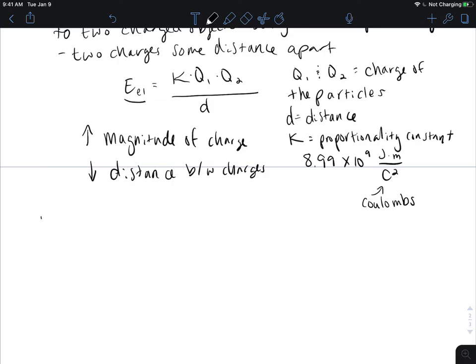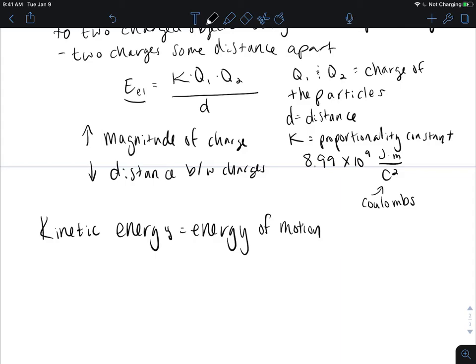Okay, let's now look at our kinetic energy, which is our energy of motion. A lot of the times when we think about our chemical reactions, we're thinking about in terms of kinetic energy because we're losing and gaining heat, and that heat is the molecular motion.